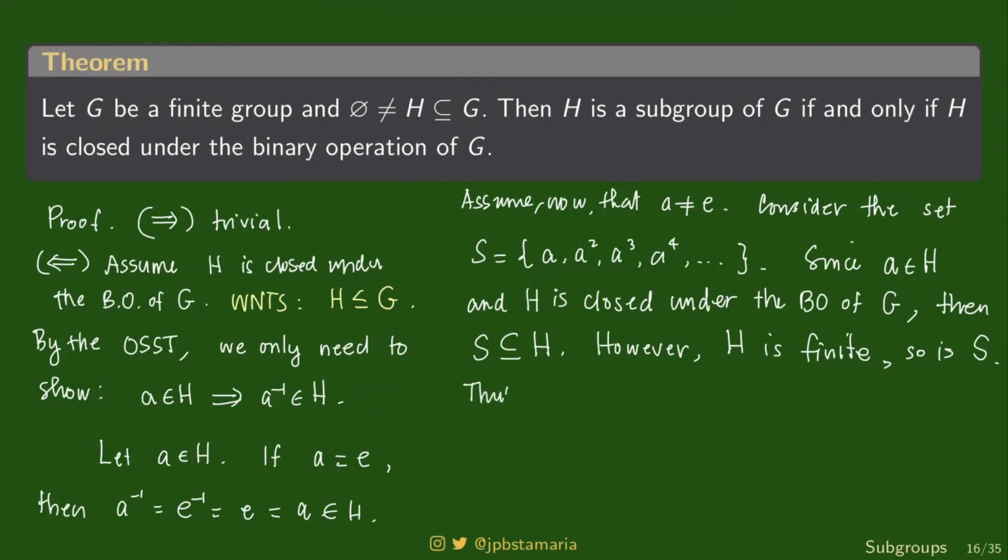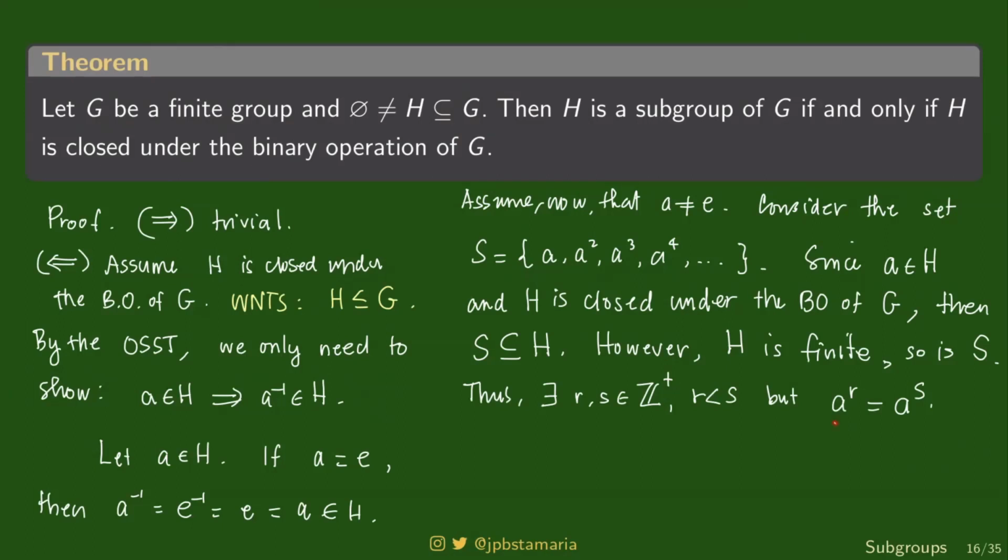Therefore, there are integers R and S. Say R is less than S, but A to the R is equal to A to the S. Kumbaga, dalawang positive powers ng A ang mag-i-equal eventually. Kasi finite yung H eh. That may mauulit dyan.